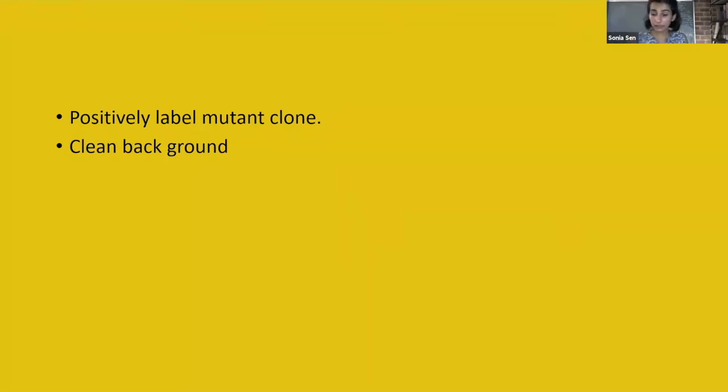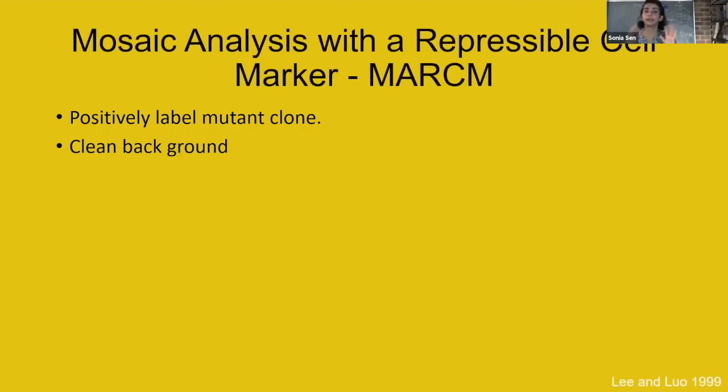So here enters, I don't know, the godfather of clonal analysis, which is mosaic analysis. We've talked about this with a repressible cell marker. That's the key, repressible cell marker, and its acronym is MARCM. So this really transformed how people did clonal analysis. In terms of tricks, it uses the GAL4 UAS system.